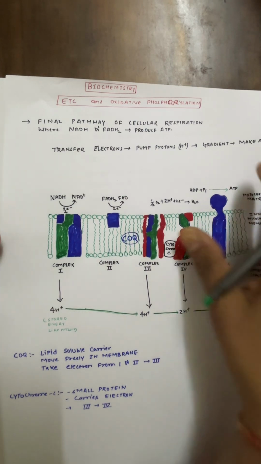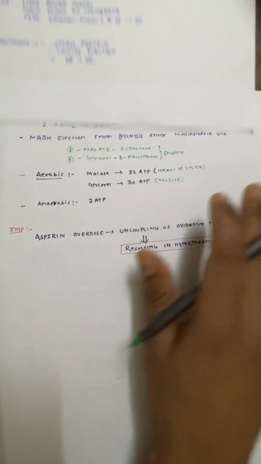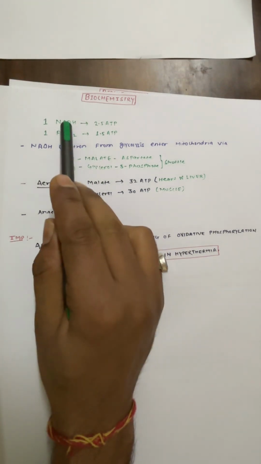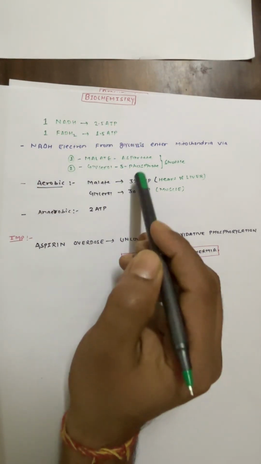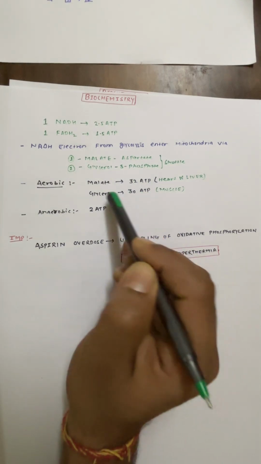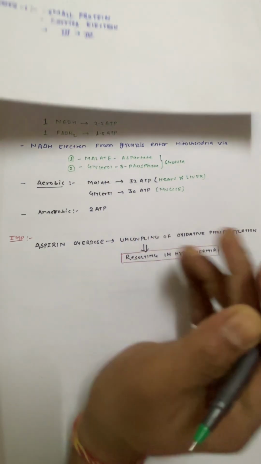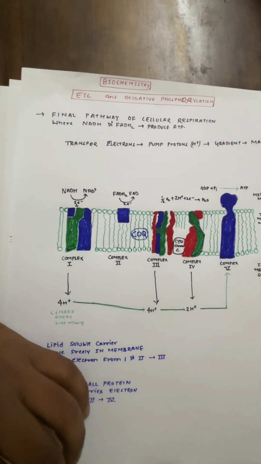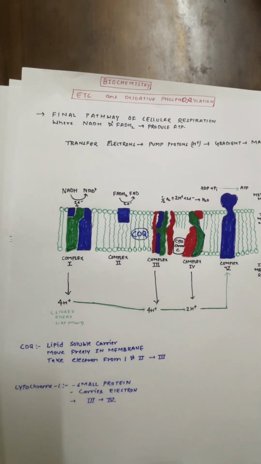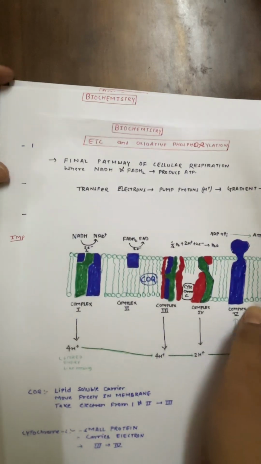I think you already know how we calculated ATP, why one NADH produces 2.5 and one FADH2 produces 1.5, and how it equals 32 and 30 ATP from different shuttles. Always try to remember the inhibitors of the different complexes, as it is very important from the MCQ point of view.